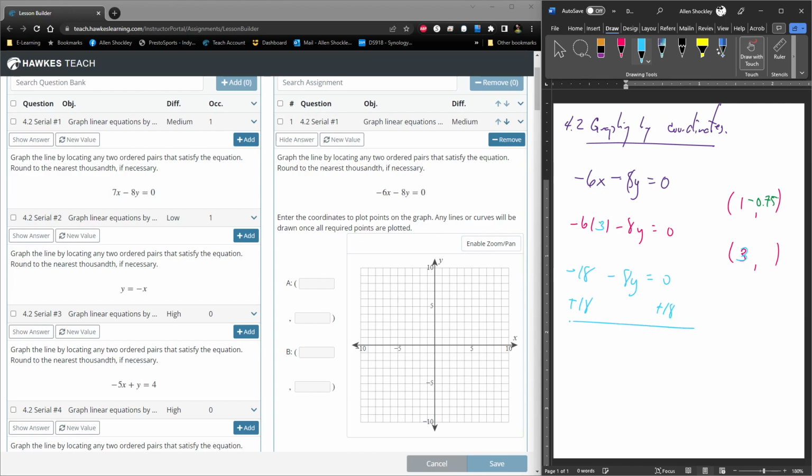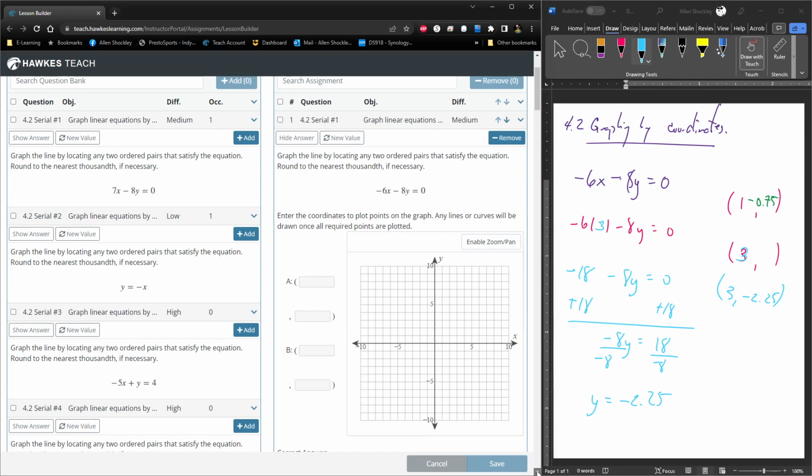Plus 18. -8y equals 18, divided by -8. Y equals 18 divided by -8, which is -2.25. And again, you're just going to write that in. So you got 3, -2.25. Put that in, and you'll get your graph.